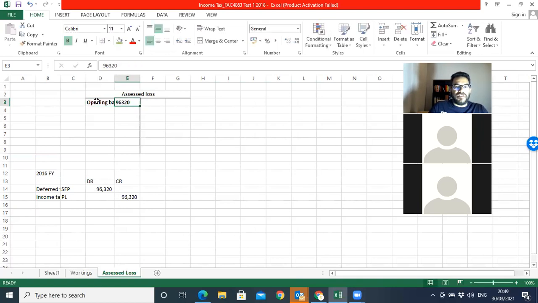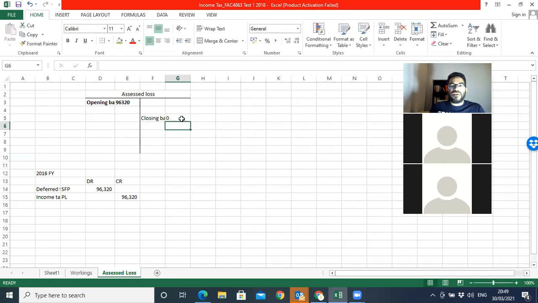The opening balance of an asset is on the debit side. My closing balance of an asset is on the credit side. So here I'll have closing balance. My closing balance is going to be 0.